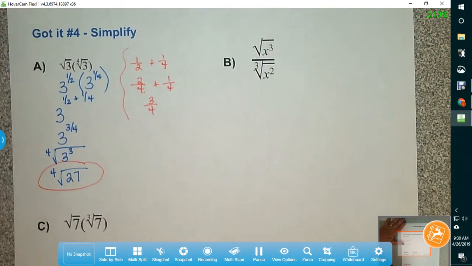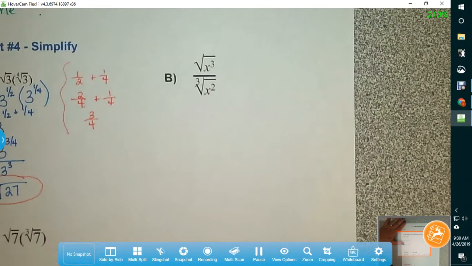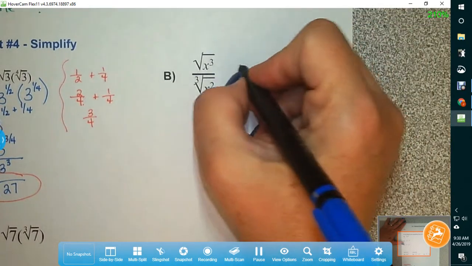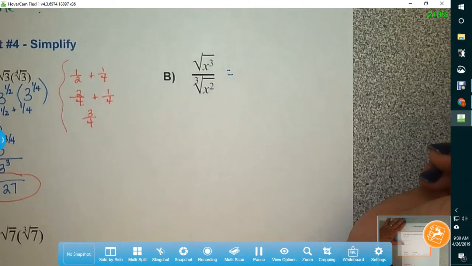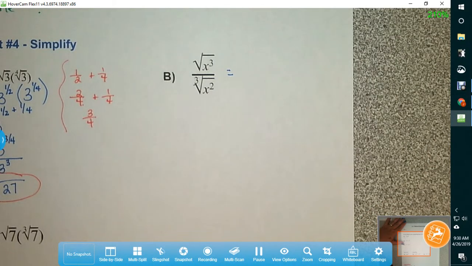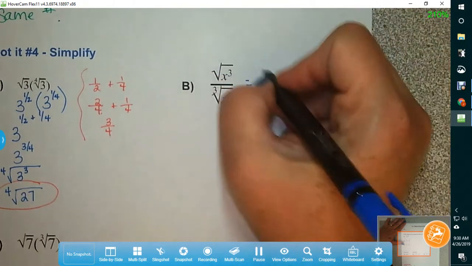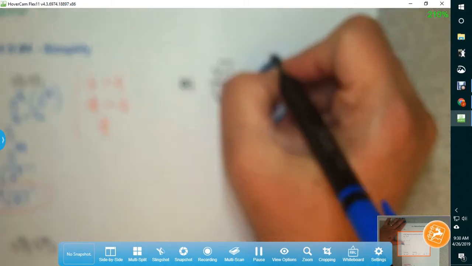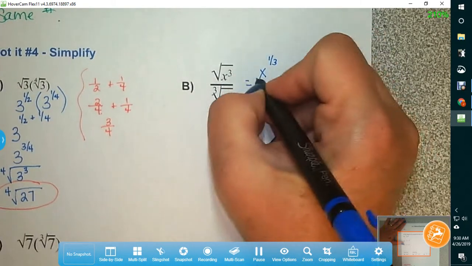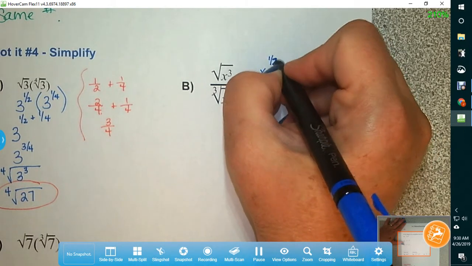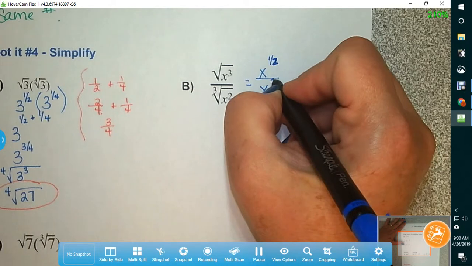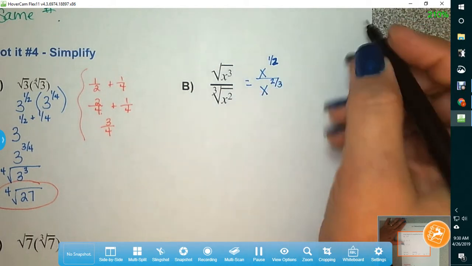All right, moving on to part B over here. Okay, I have a square root divided by a cube root. I can't work with those that way, so let's change them to exponent form. Oh, that's a 2 on the bottom, that's 1/2. The bottom one is x to the 2/3.